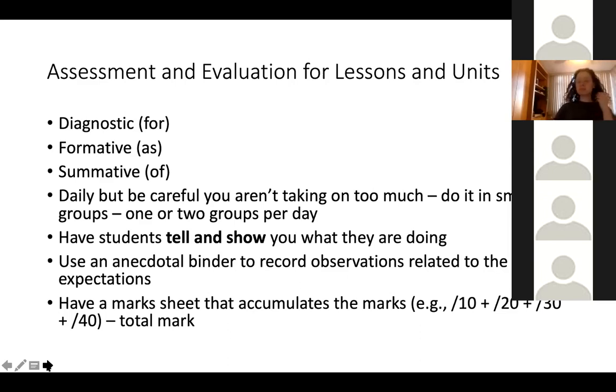So you want to be doing assessment and evaluation daily, but you don't want to take on too much because assessment can be overwhelming. So my advice might be that you're working with small groups. Let's say you've got 30 kids in your class. I'm going for the high numbers here because eventually you'll get to the higher numbers.